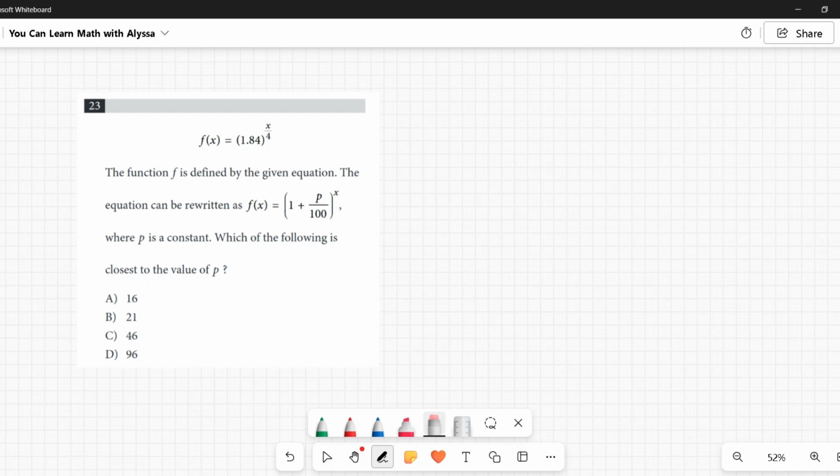Okay, so the next thing we need to realize is we've got two things that are equivalent to each other. We're saying f of x can be rewritten as this, so they are the same. So there is 1.84 to the power of x over 4.